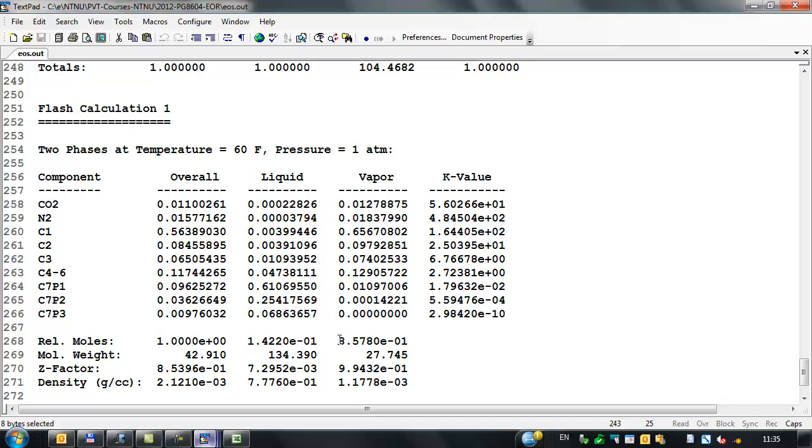And that's not good, because this stock tank liquid that it's getting, surface oil, is splitting into two phases.